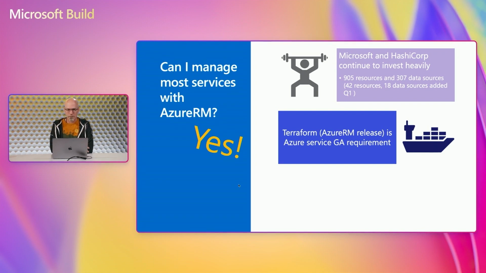There is a bit of a buffer there, but services that are released are required to not only have coverage for PowerShell and the Azure CLI, but for Terraform as well. So that is a great advantage here, and we are seeing a lot more coverage at an earlier date than we have in the past.